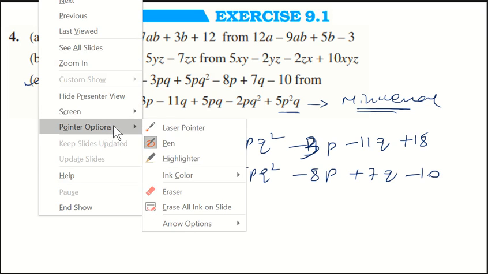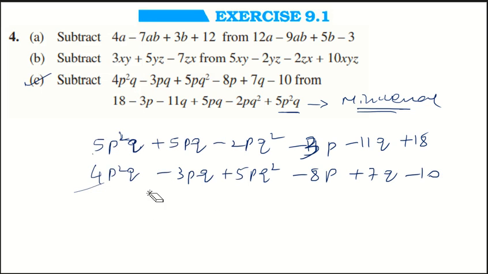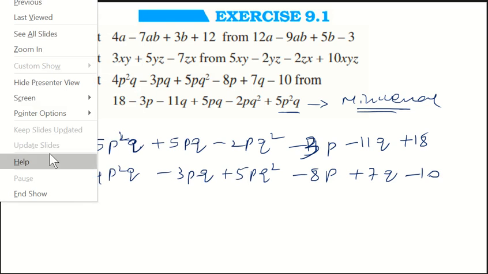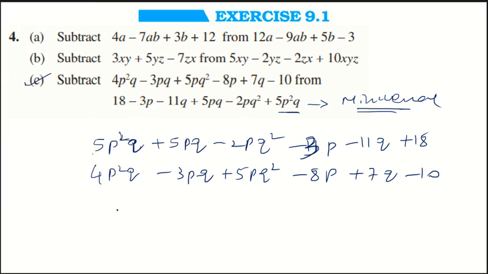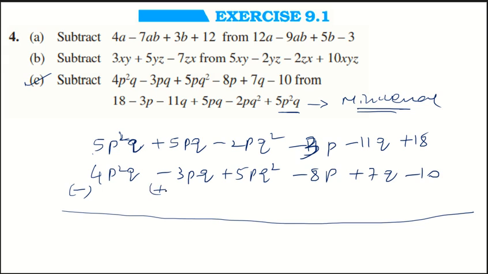Again I have to change the symbols because it is subtraction. In the subtraction operation, the symbols of the subtrahend change. So, I have changed.